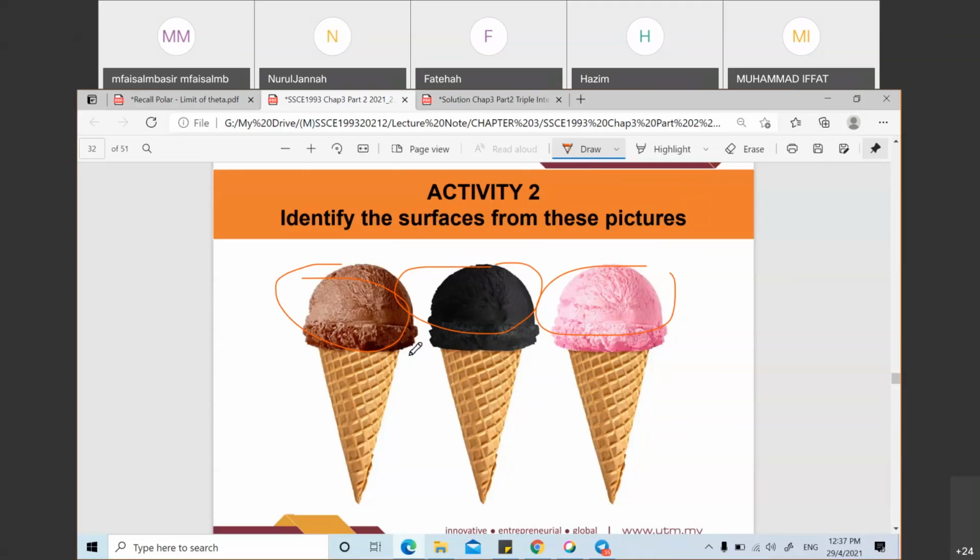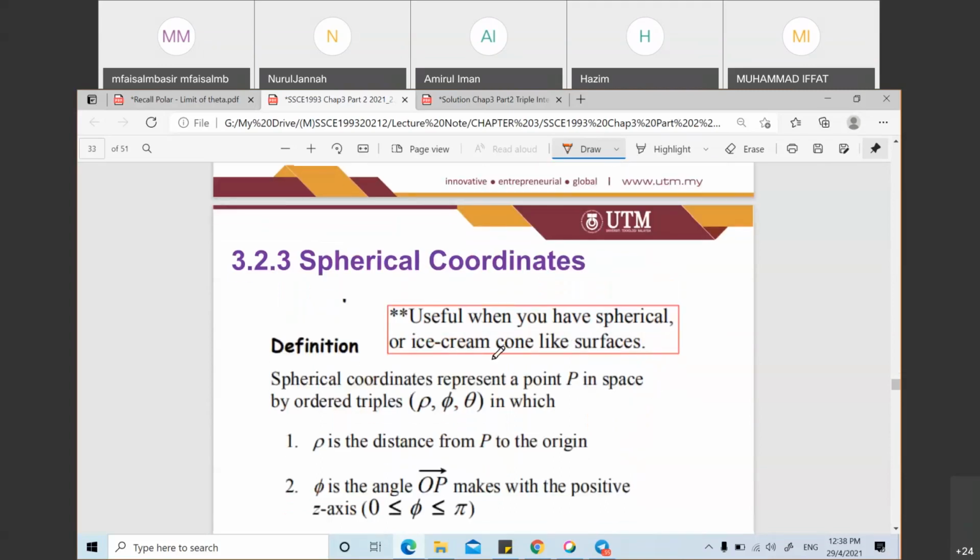Try to guess again. Hemisphere. Yes, it is a hemisphere. And this is actually the cone. So maybe we use an ice cream cone here for spherical.